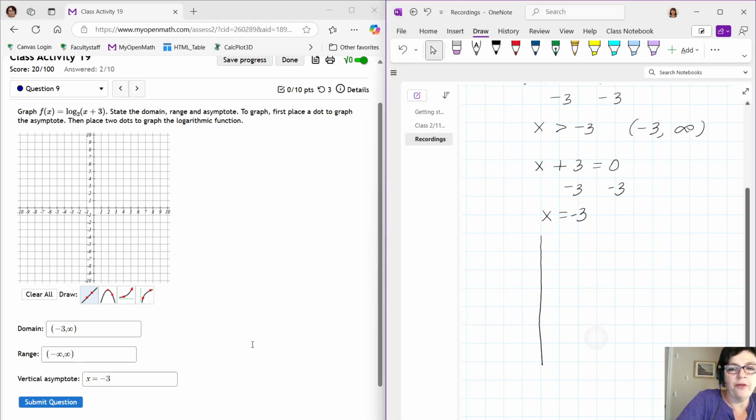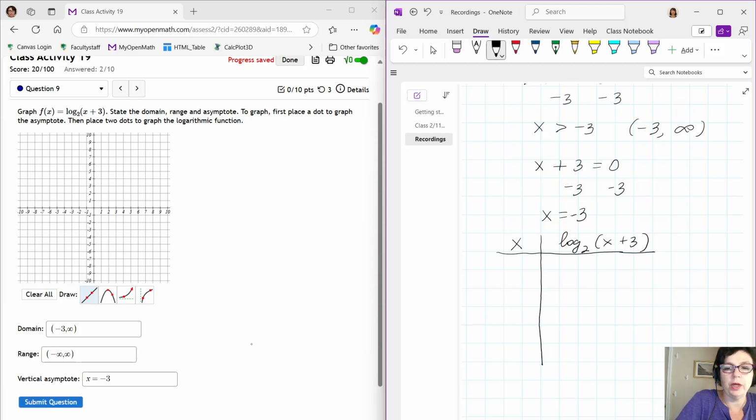So how can I find these 2 points? So this is going to be x, and then this is going to be log with base 2 of x plus 3. So the first thing I need to ask myself is what x value would I need to plug in over here so that this whole thing turns into 1? Because remember that log of 1 is always 0.